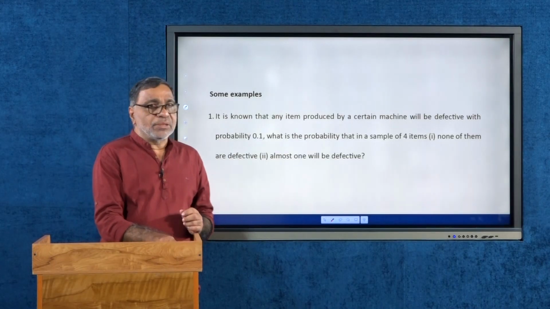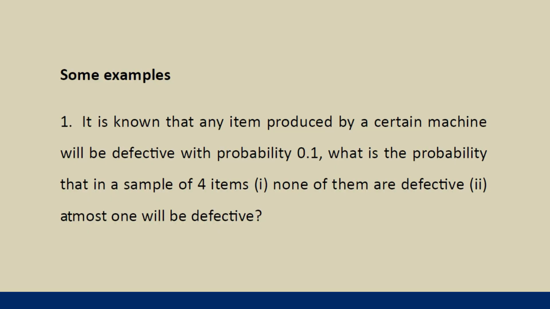Consider this example. It is known that any item produced by a certain machine will be defective with probability 0.1. The question is, what is the probability that in a sample of 4 items, none of them are defective, and second, at most one will be defective.